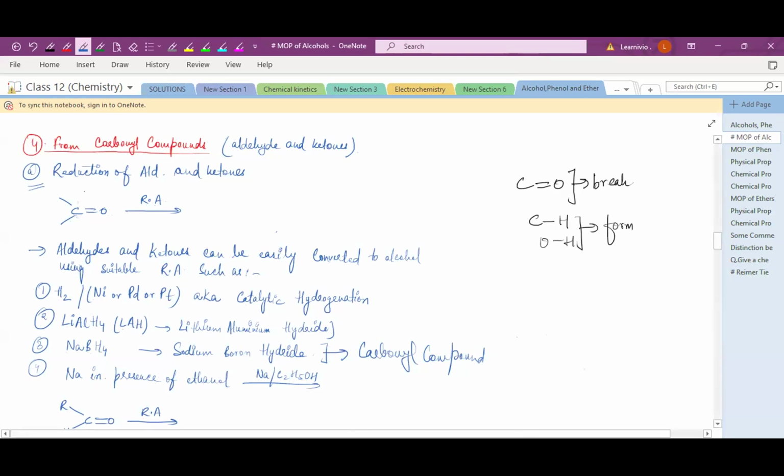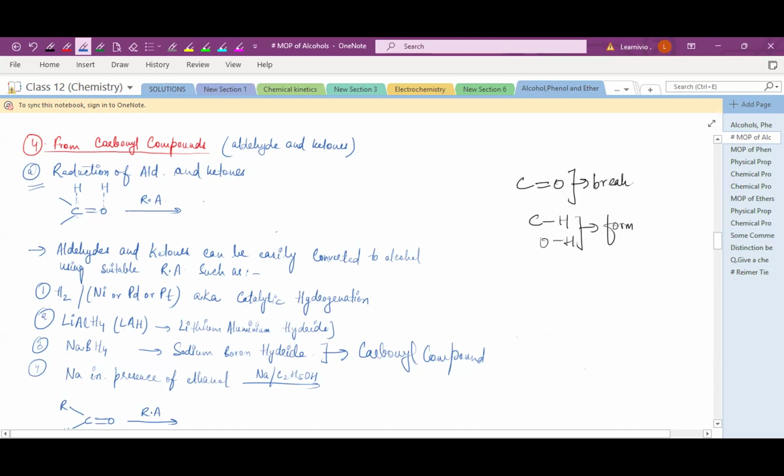Here one hydrogen gets attached to this carbon and one hydrogen gets attached to this oxygen, right? The old carbon-oxygen double bond will be broken, and new bonds will be formed between carbon and hydrogen and between oxygen and hydrogen.